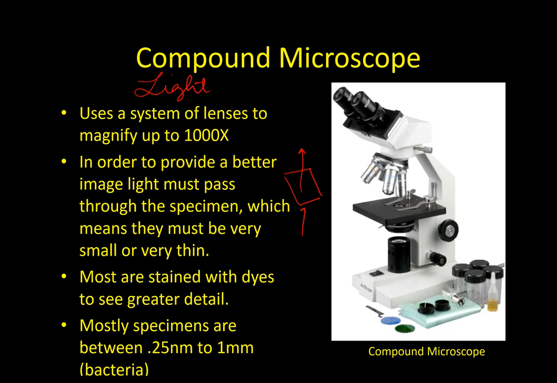Most of the time when we're talking about specimens like tissue specimens, let's say I'm looking at cardiac muscle from the heart, you have to stain them. You have to actually put dyes in them so that you can see the different parts and pieces and you can see the details. Most of the specimens that we look at using a compound light microscope are going to be 0.25 nanometers to 1 millimeter if we're talking bacteria.